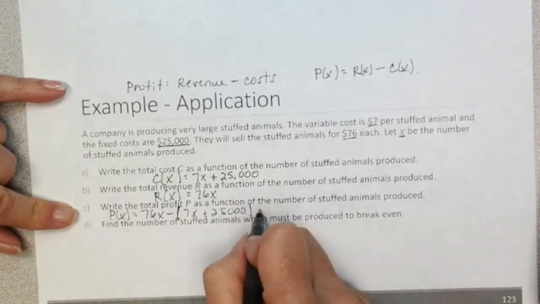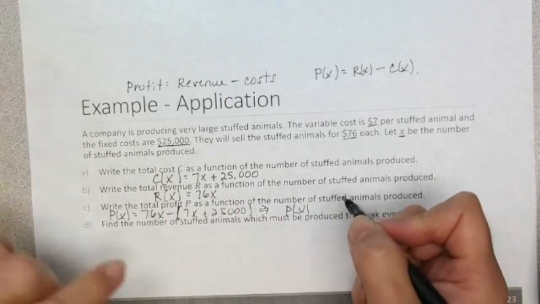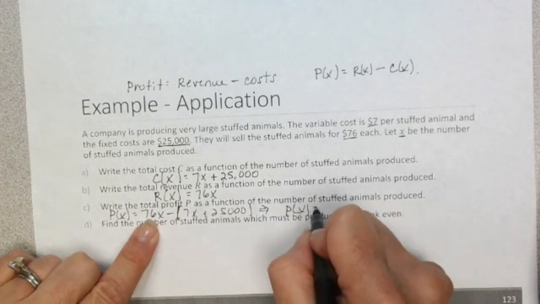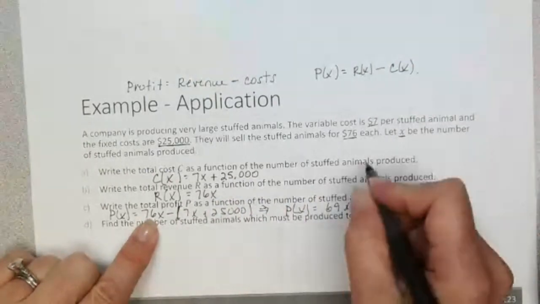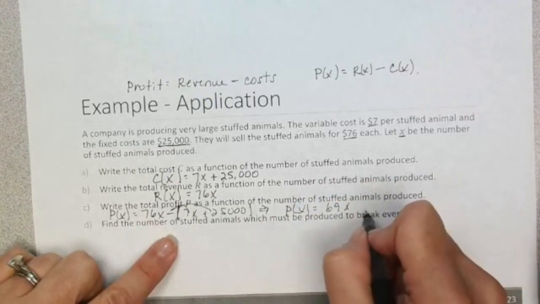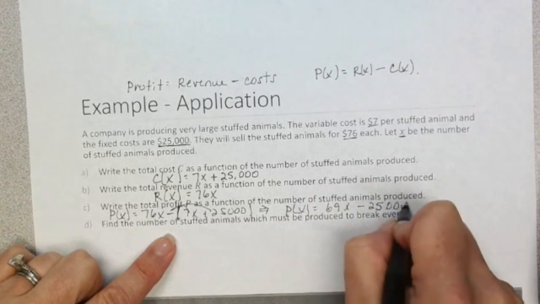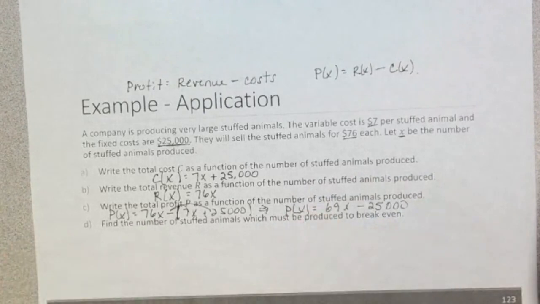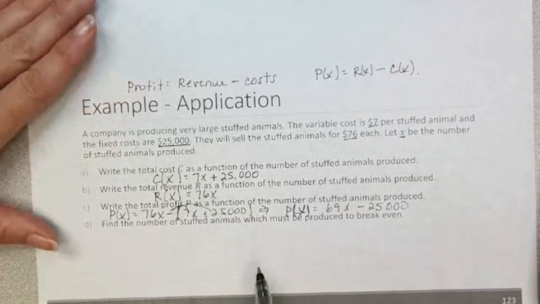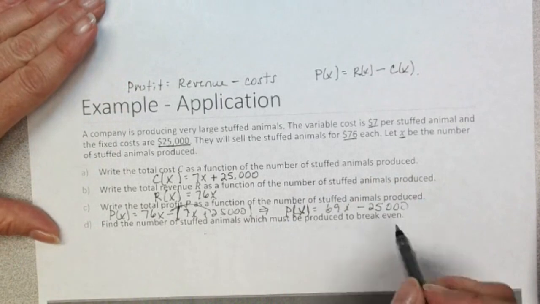Okay, and I could simplify that a little bit, right? 76X minus 7X is 69X. And then distributing that negative, it's going to be minus the 25,000. So there's my profit function: 69X minus 25,000.